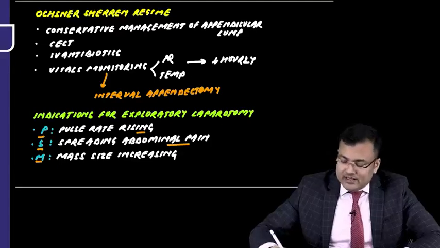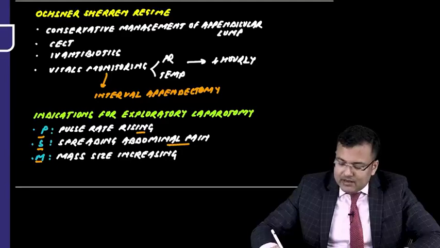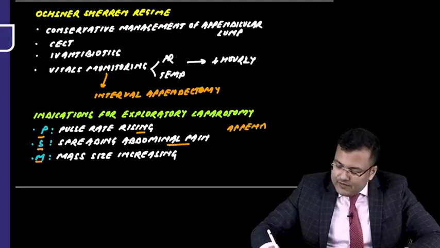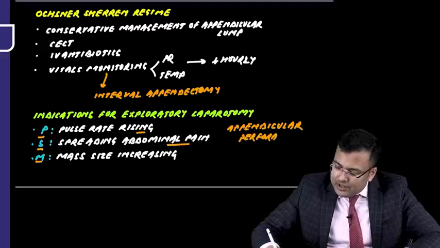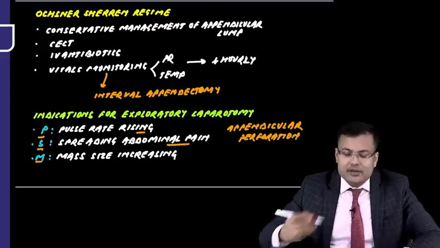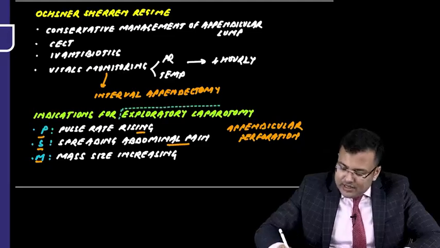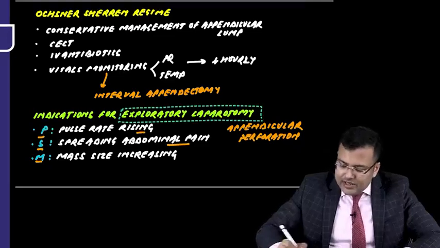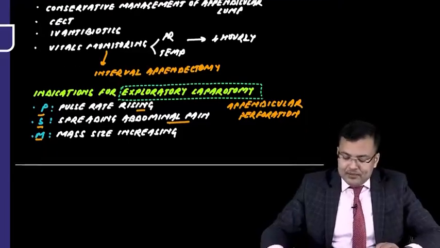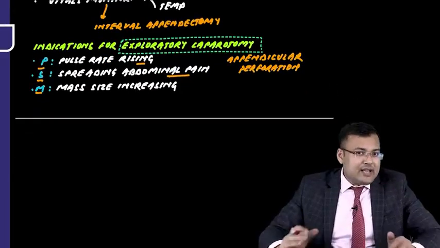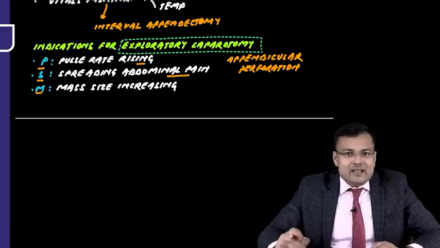These findings are suggestive of appendicular perforation, and if there is appendicular perforation, we have to open the abdomen by midline incision. So these are the indications for exploratory laparotomy: pulse rate rising, spreading abdominal pain, mass size increasing.